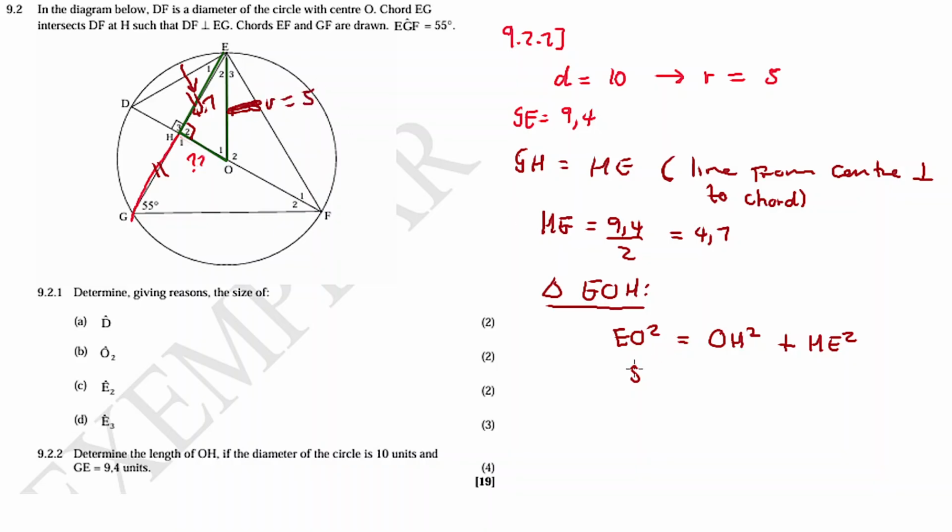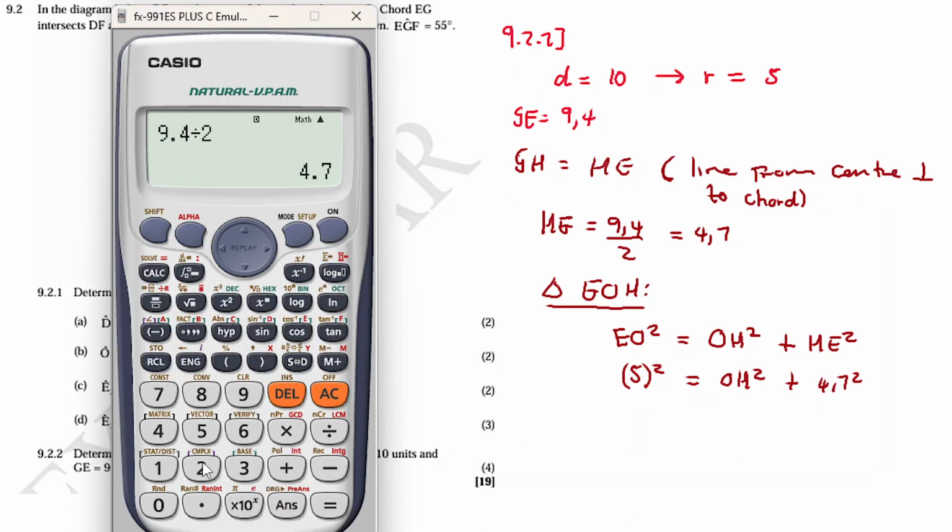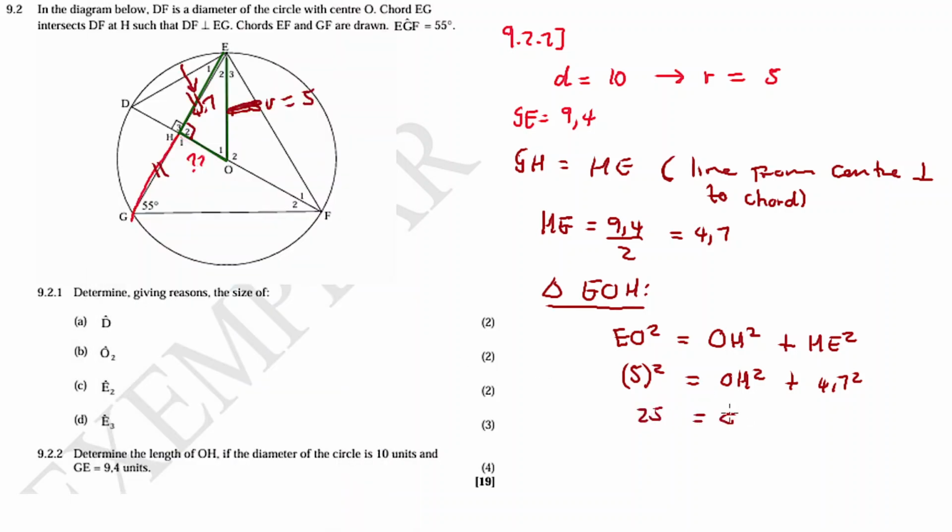So it's going to be 5 squared equal to OH, which I don't know, plus HE, which is calculated to be 4.7 squared. So 25 is equal to OH squared plus 4.7 squared.